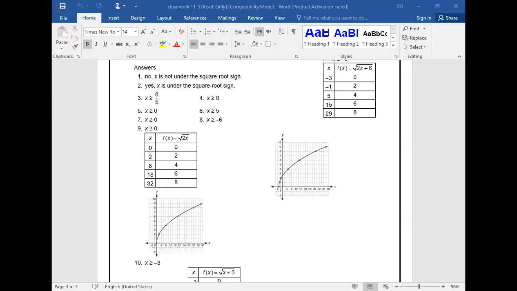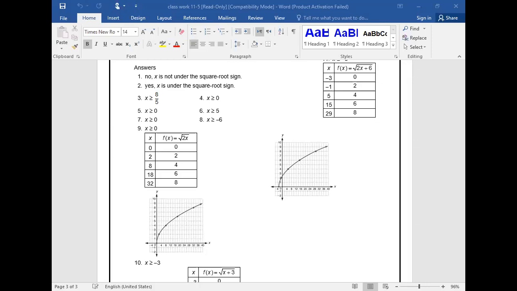Now we can make a summary of our lesson today to understand the square root function. This concept map below will help you understand square root functions.